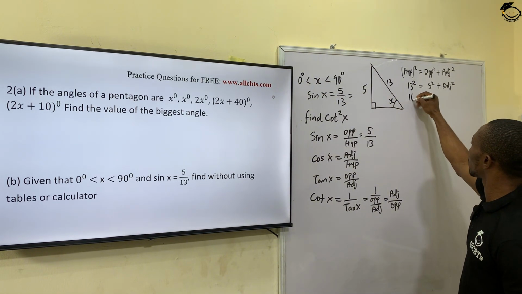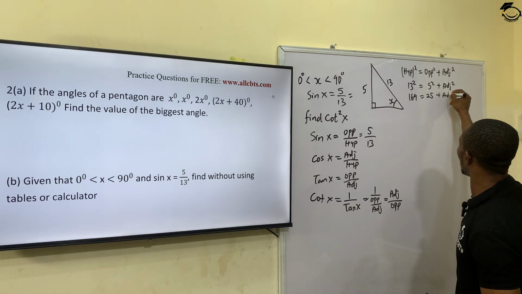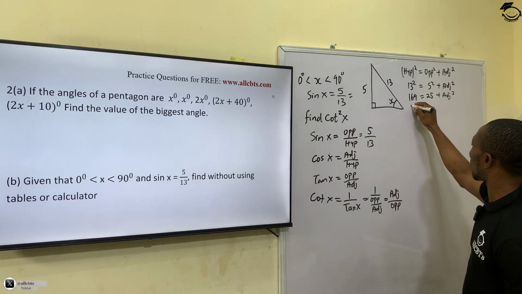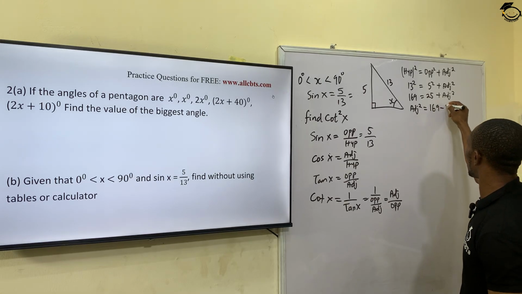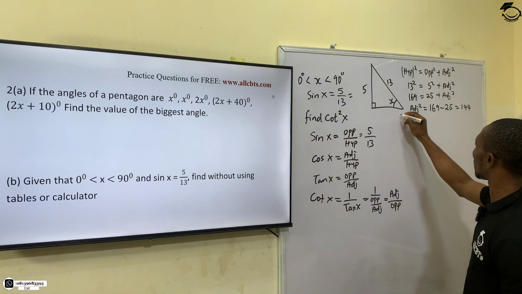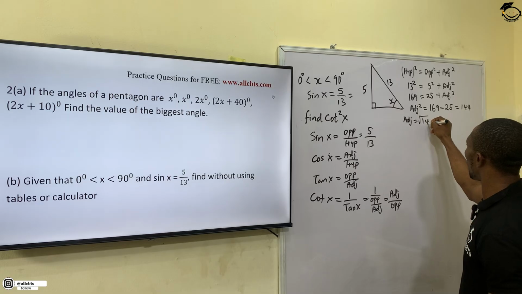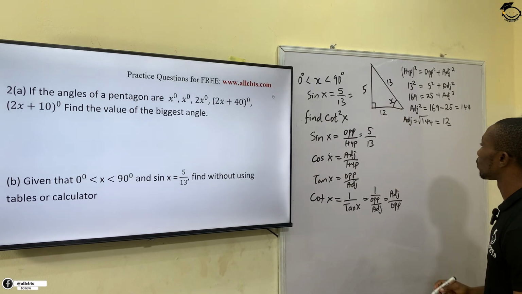This gives us 169 equals 25 plus adjacent squared. So adjacent squared equals 169 minus 25, which gives us 144. So our adjacent would be the square root of 144, which is 12.